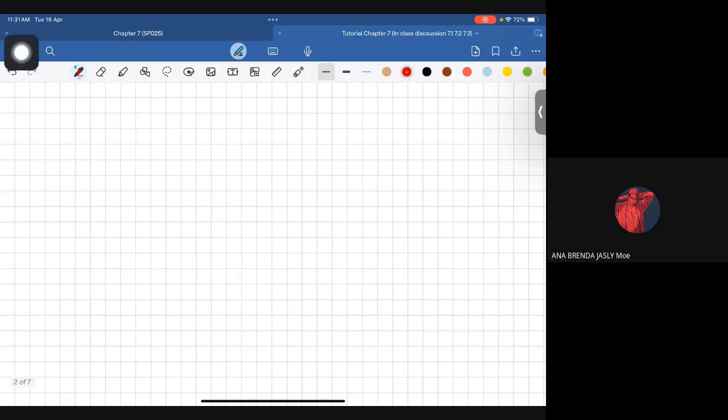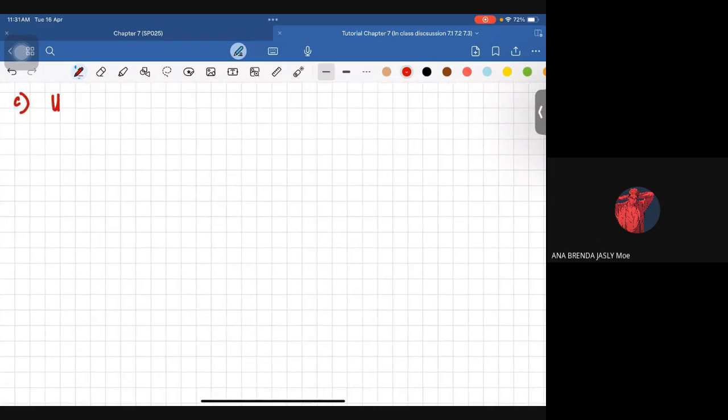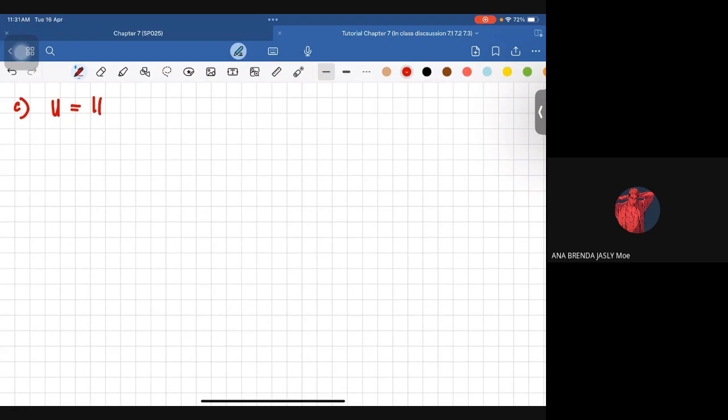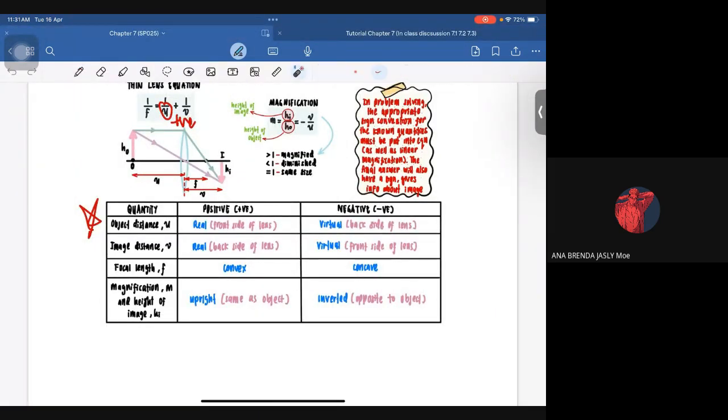So sekarang ni the information that we have is this is C. So kita ada the object distance which is given as 16 cm. Lepas tu dia bagi tahu the image is formed at the right side of the lens. Okay, so it is at the opposite. So kalau image ni dia bagi tahu it's gonna be either positive or negative lah.